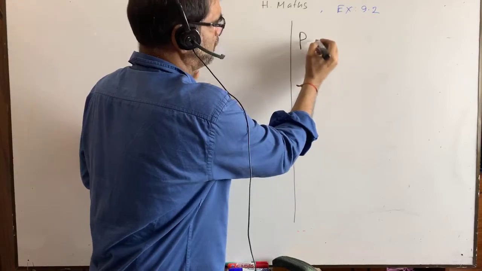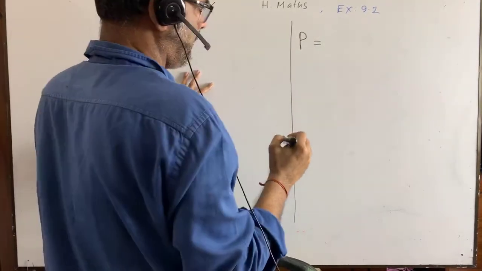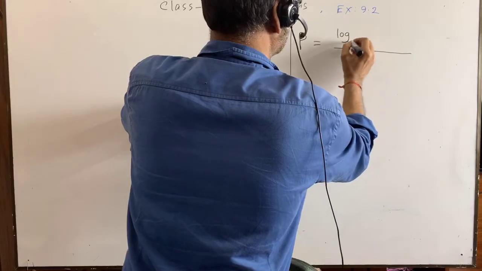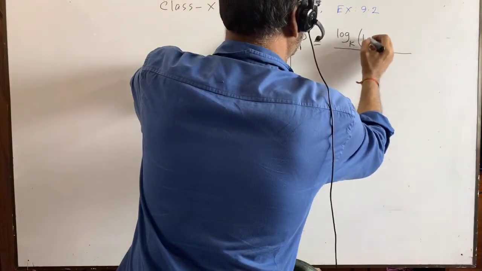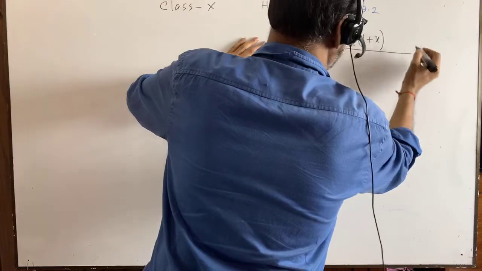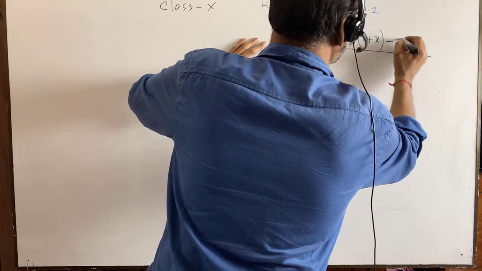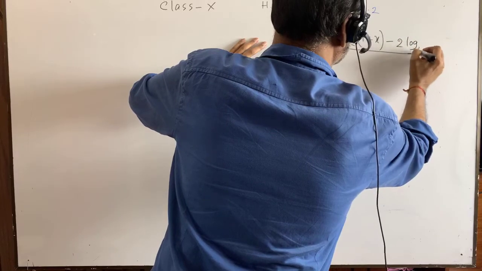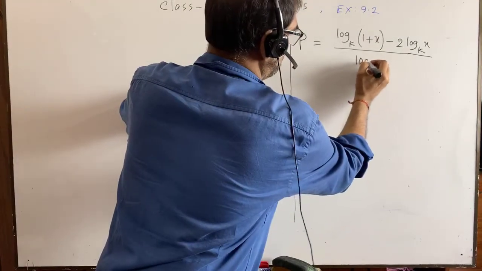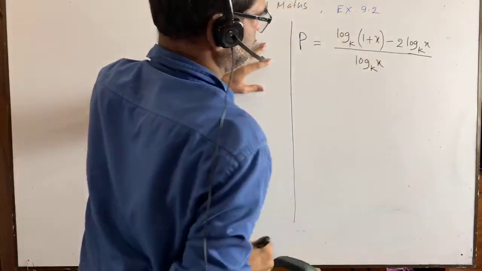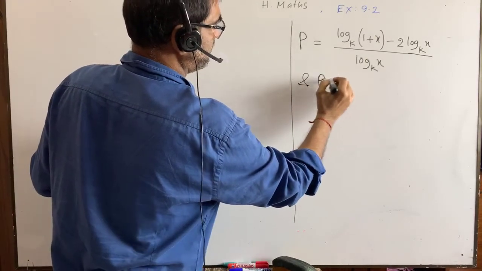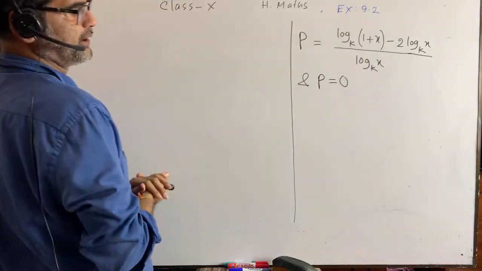Suppose P is equal to log base k of (1 plus x) minus 2 log base k of x, divided by log base k of x, and it is also given P equals 0. You are given this.